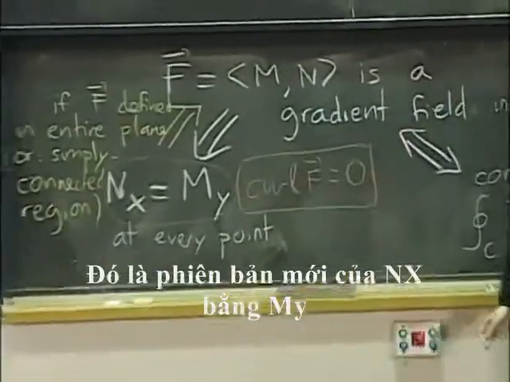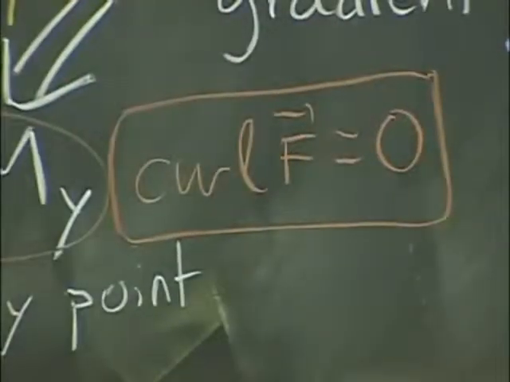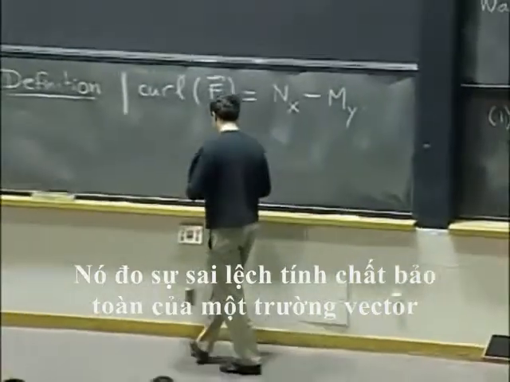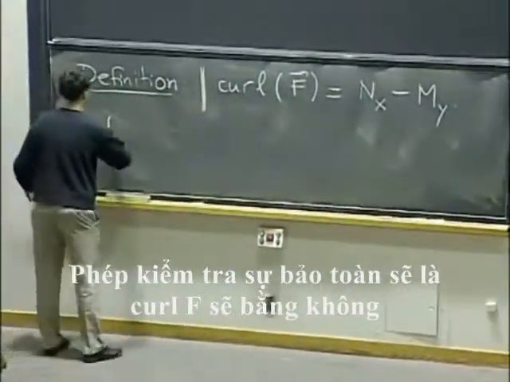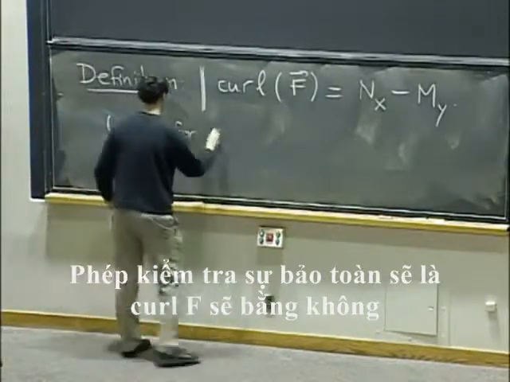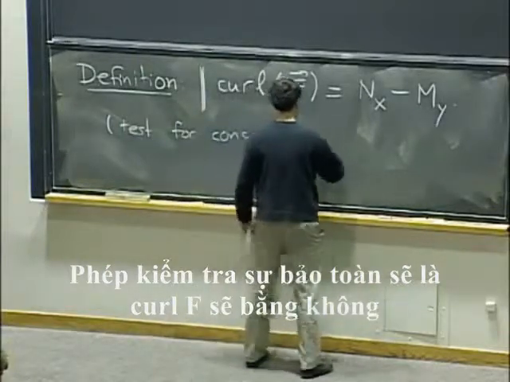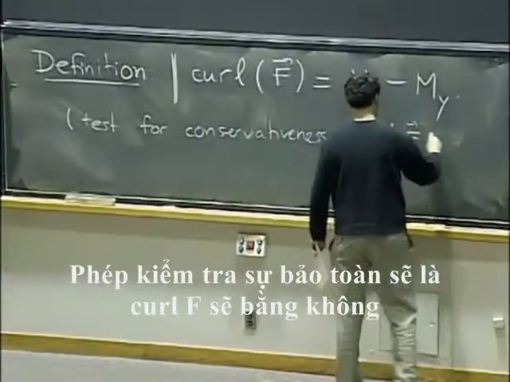That's the new version of n sub x equals m sub y. It measures failure of a vector field to be conservative. So the test for conservativeness is that the curl of F should be 0.